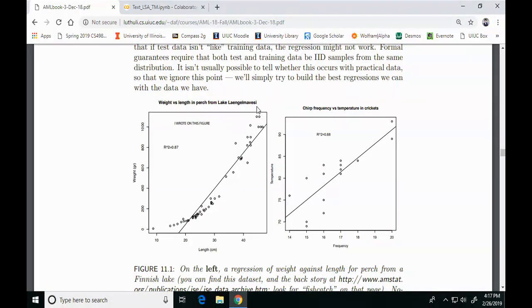The R-squares are listed right here. This has an R-square of 0.87. So that's a pretty good regression. It's not perfect, obviously, but in general, it's pretty good. This one has 0.68. There's a little more error. There's a little more variance that hasn't been explained. So you have a lower R.